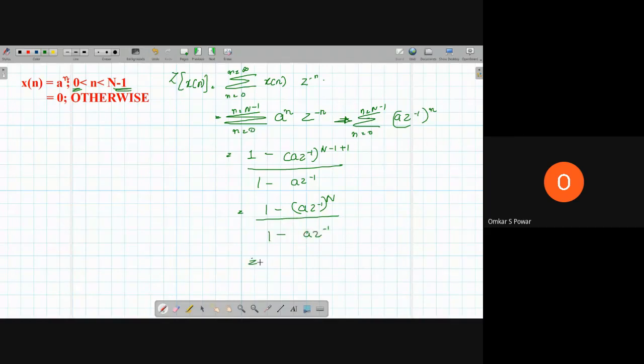Then how can we simplify this one? 1 minus a power N z to the power of minus N divided by 1 minus a z to the power of minus 1.